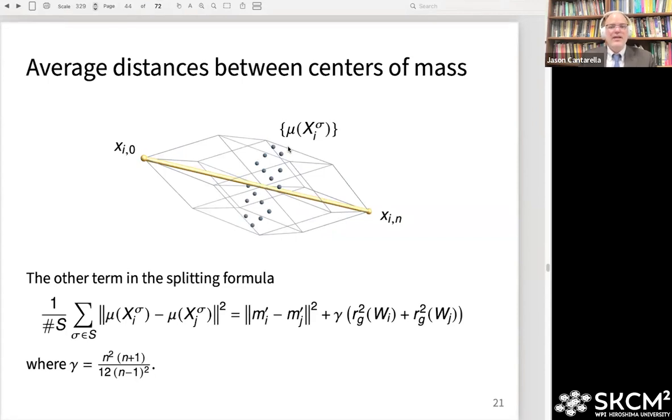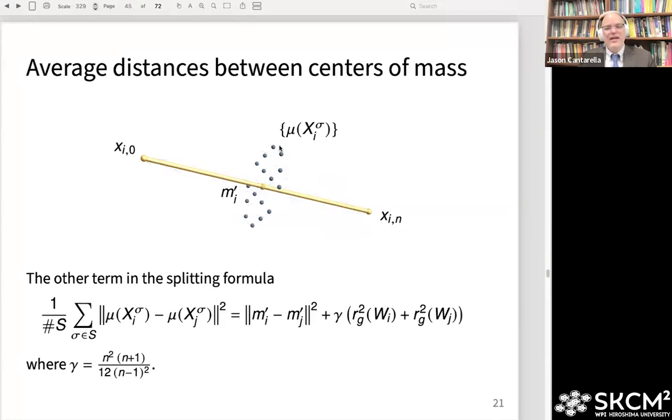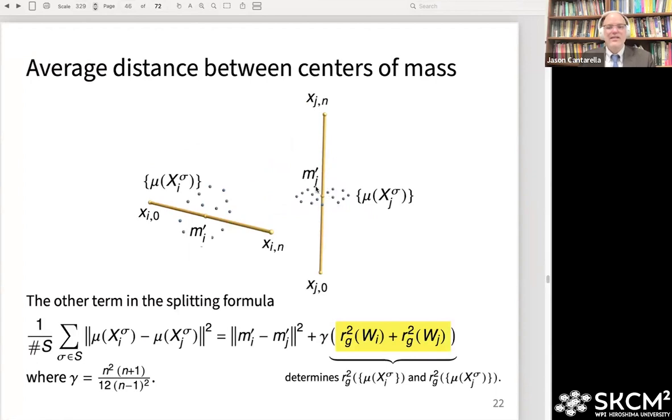Now, what I want to know is, if I have this symmetric point cloud, and in fact, it's centered at the midpoint of the edge connecting these two junction vertices at the ends, and I have another such point cloud, what is the average squared distance between one of these blue points on the left and one of these blue points in the cloud on the right? Well, again, it depends on two things.